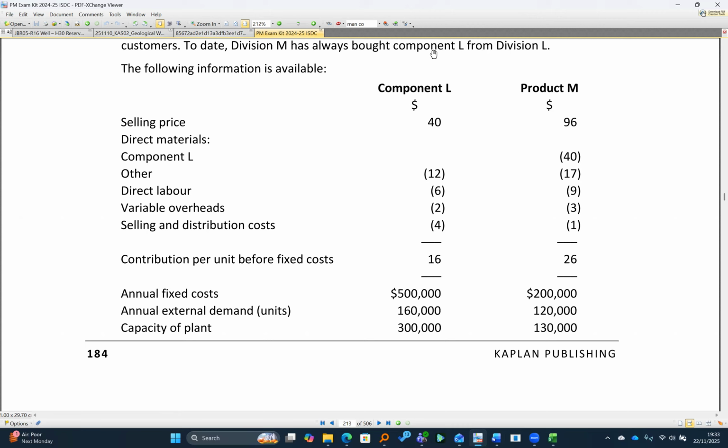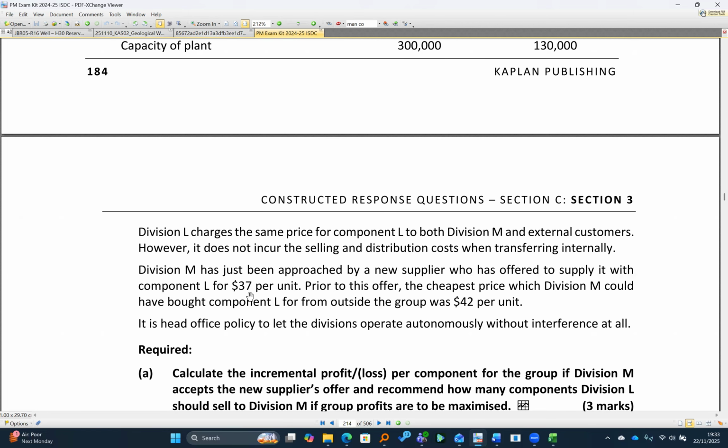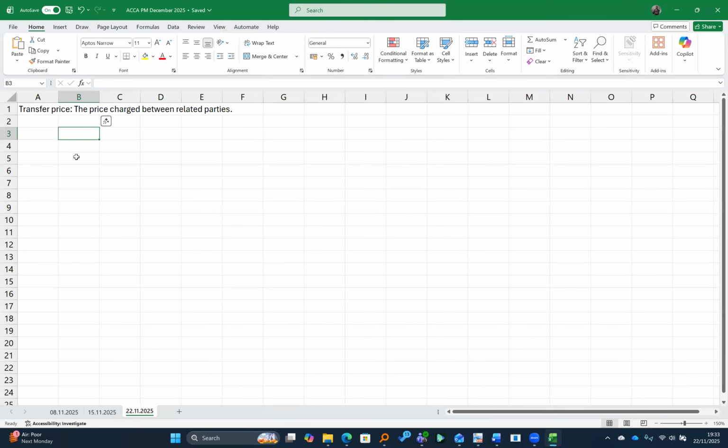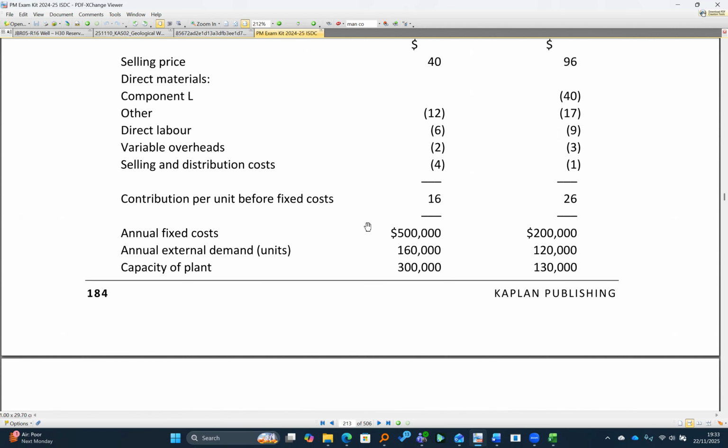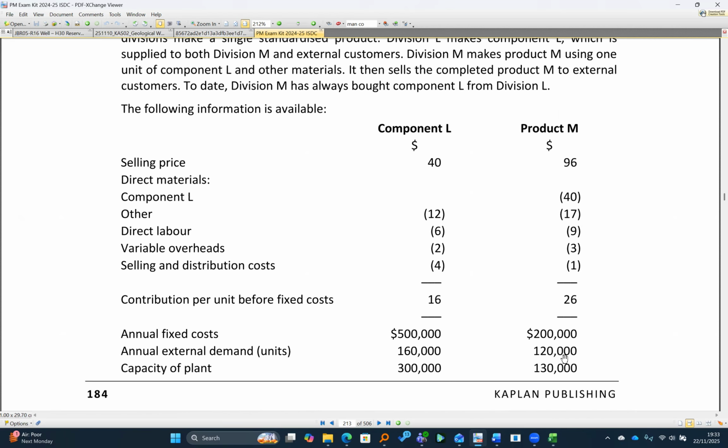So remember, right now we are buying component L at 40, but this company wants to give it at 37. Okay, so it means that when we buy from external, we shall have some saving. Now the question is, if I buy from external, I lose these sales, 120,000.